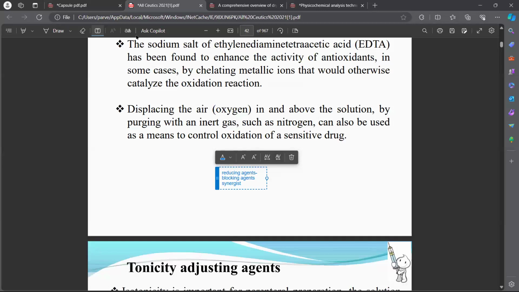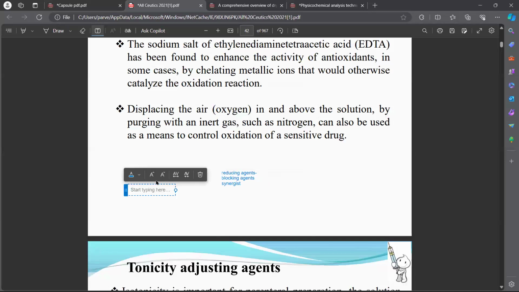Also, in the formulation of injectables, two other excipients are used, known as cryoprotectants and lyoprotectants.